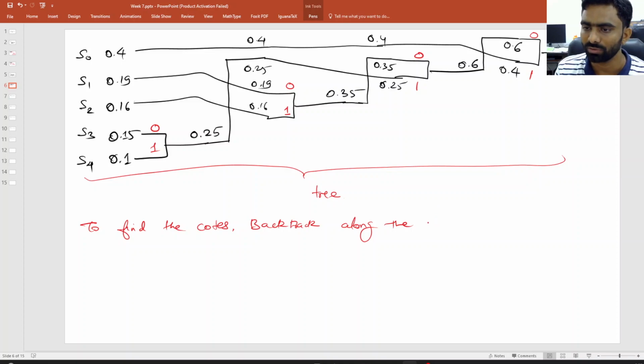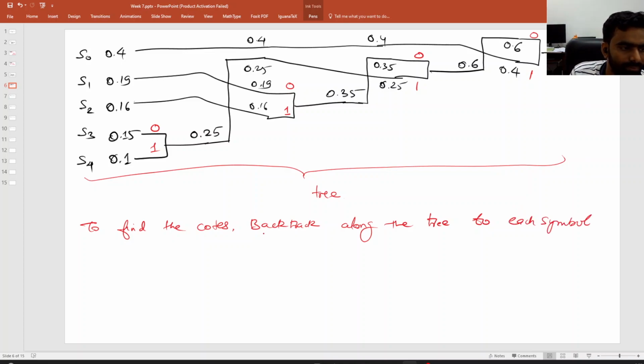I will find along the tree the code for each symbol, S0, S1, S2, S3, and S4. For S4, by backtracking, it would be 0, that would be 0 here. I'm just creating for one, and you will understand.